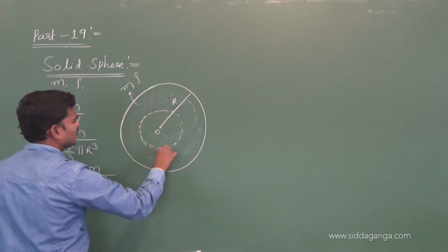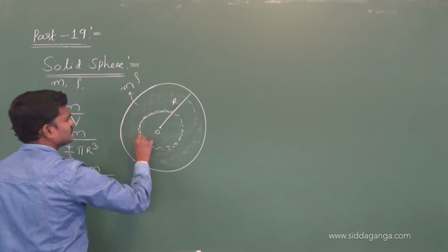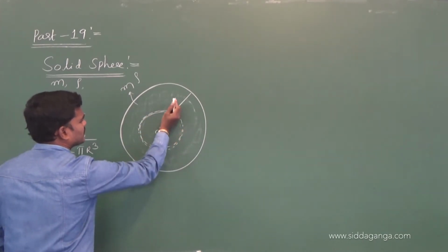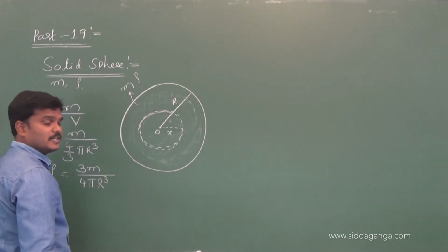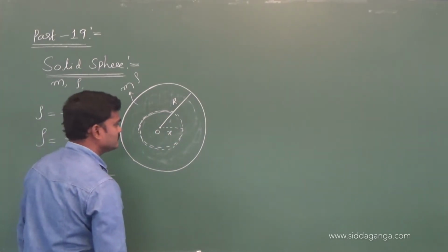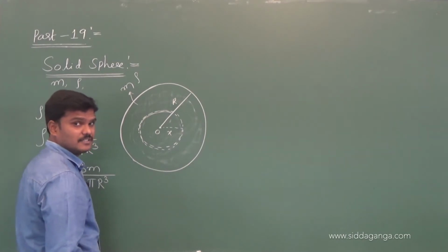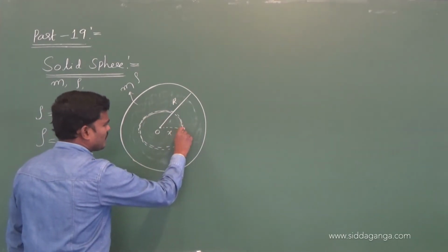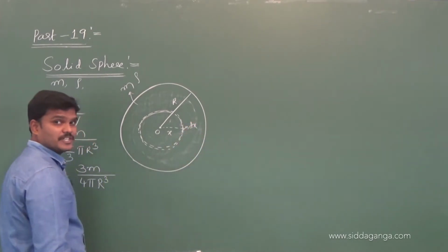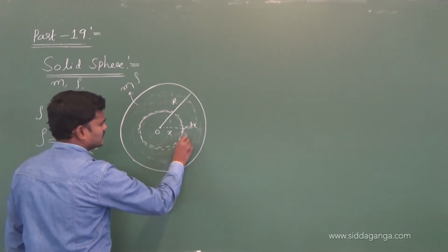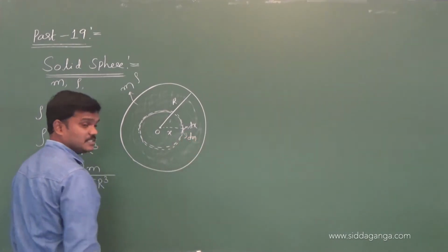This is the small part at a distance x. The thickness of the part is dx. The mass is dm.